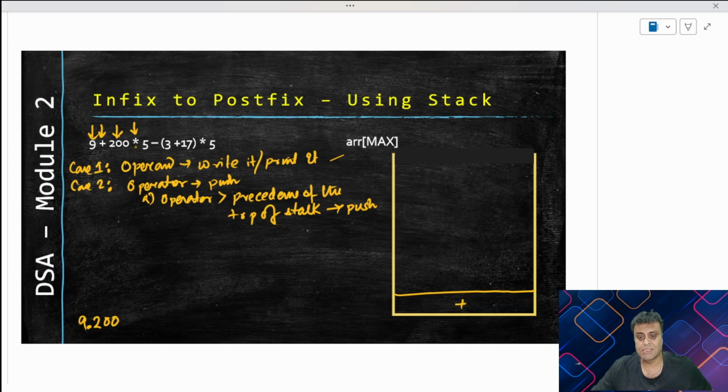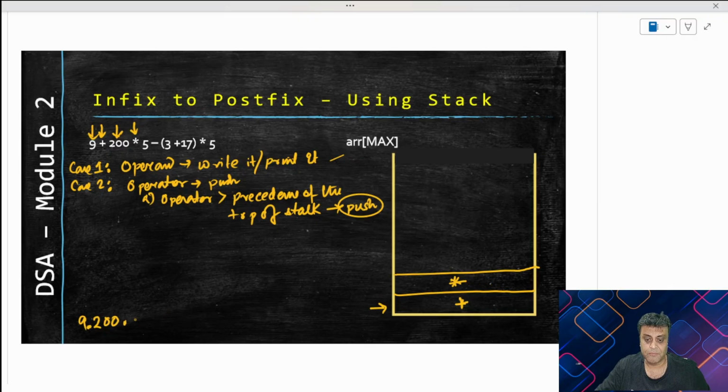Star is supposed to be put. What is the top of the stack? Plus. The top of the stack is pointing here. Is star greater in precedence as compared to plus? If so, push it. So that's what we are saying: if the operator is greater in precedence than the previous operator, that is the top of the stack, then push the operator. So I will push the operator here, which is fine.